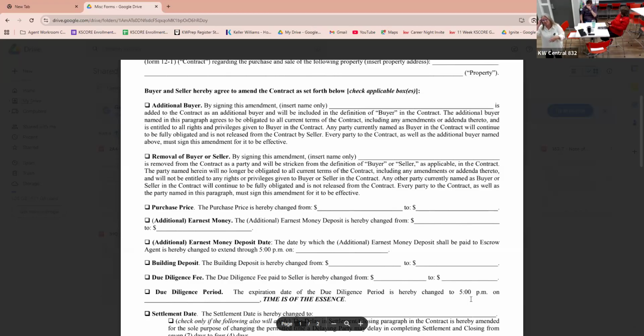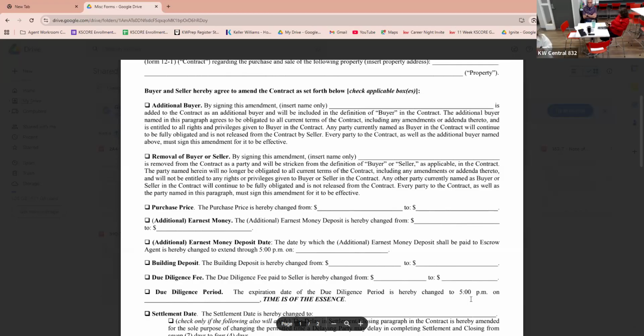Okay, so we may change the purchase price. We may have additional earnest money. So when is that money due? Building deposit, we don't really see that much.